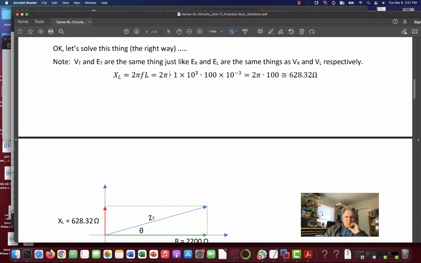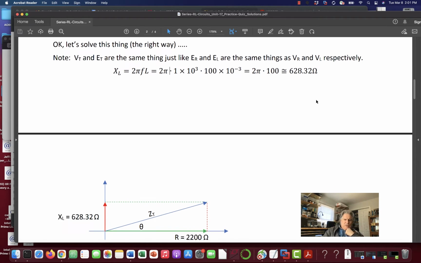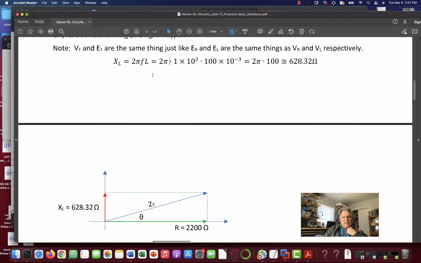So plus 3 minus 3 comes out to 0, and I get 2 pi times 1 times 100. Well, 2 pi is about 6.28-ish. 100 times that is 628 and change. So that is our inductive reactance.